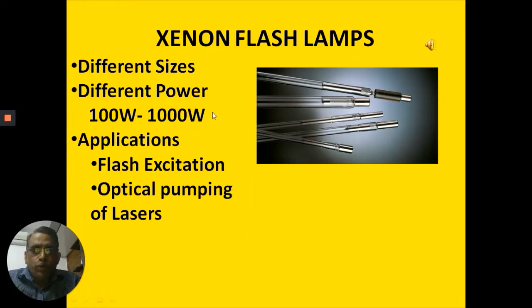So if you want to do flash photolysis, you can use these flash lamps, or if you want laser pumping, you can use the flash lamps. They have different pulse widths of the flashes. You can have it from microseconds to milliseconds. So these are the advantages of xenon.